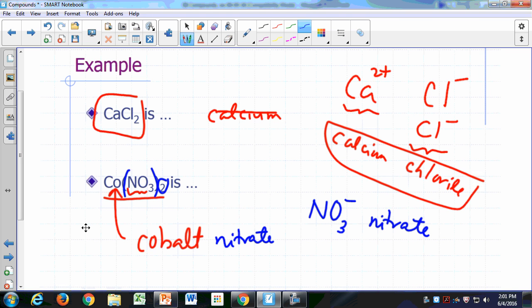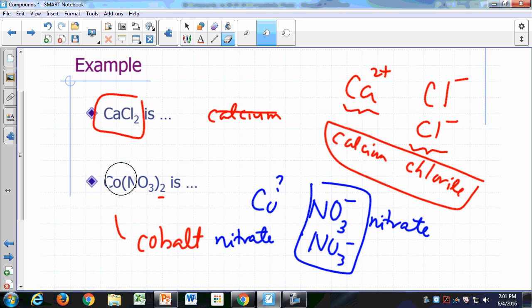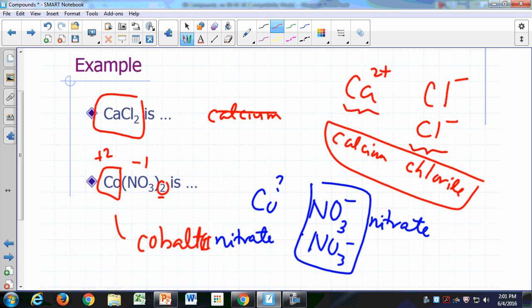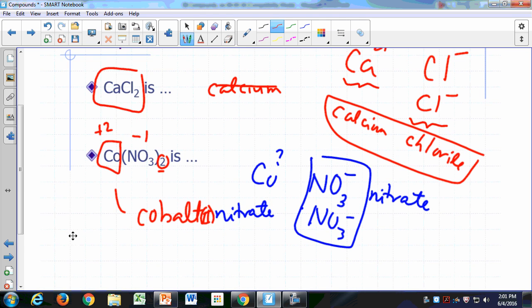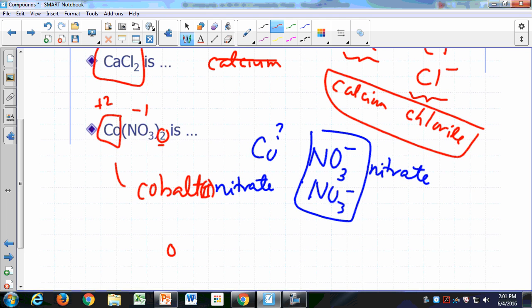Nitrate is negative 1, and you have 2 of those, so the cobalt itself must be plus 2. So you would name this cobalt Roman numeral 2 nitrate. The name of this compound is cobalt(II) nitrate.